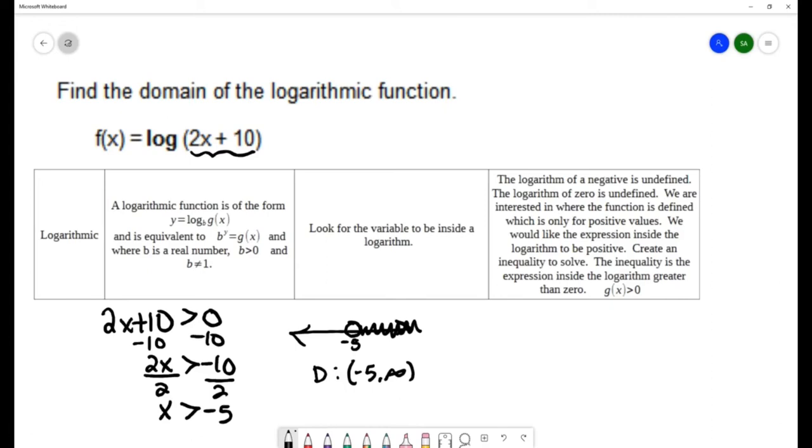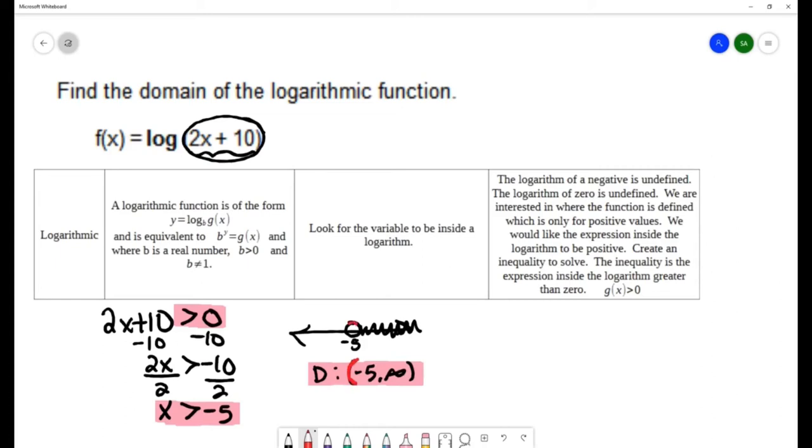So anytime you're looking for the domain of a logarithm, you're going to take the expression inside of the log, create that inequality where you set that expression greater than 0 and solve, and you will get the domain from that inequality. Now I want you to notice here that I've used a parenthesis on the negative 5.